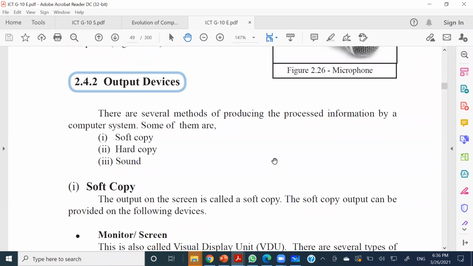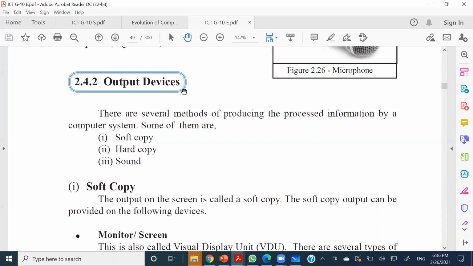We can only see soft copies, like the things on the screen. The screen is giving you an output of the things inside the hard disk or inside the computer. But we can't touch that particular copy. We can touch the screen, but we are not actually touching the copy itself.